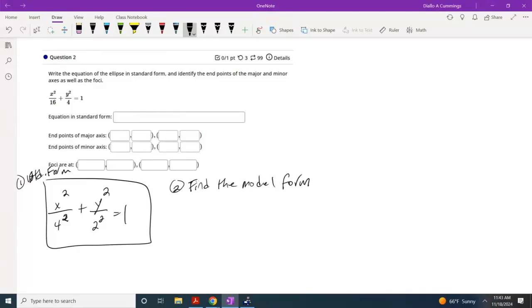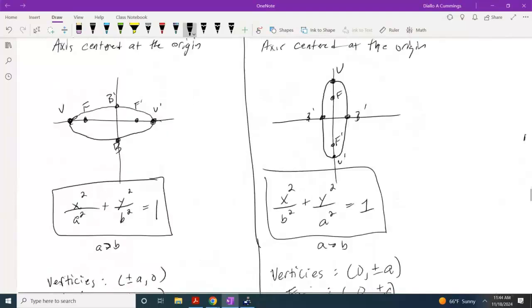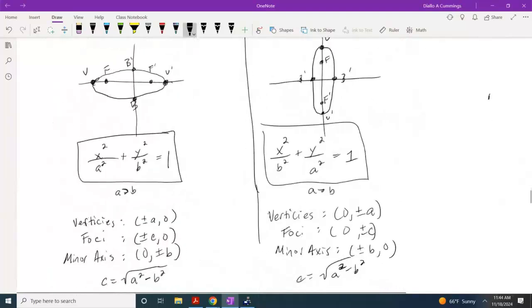Okay, so when I say model form, does this thing have a horizontal or a vertical major axis? Well, in order to determine that, we look at the denominators. 16 is the biggest denominator, and it is underneath the x variable. So this thing would have a horizontal major axis.